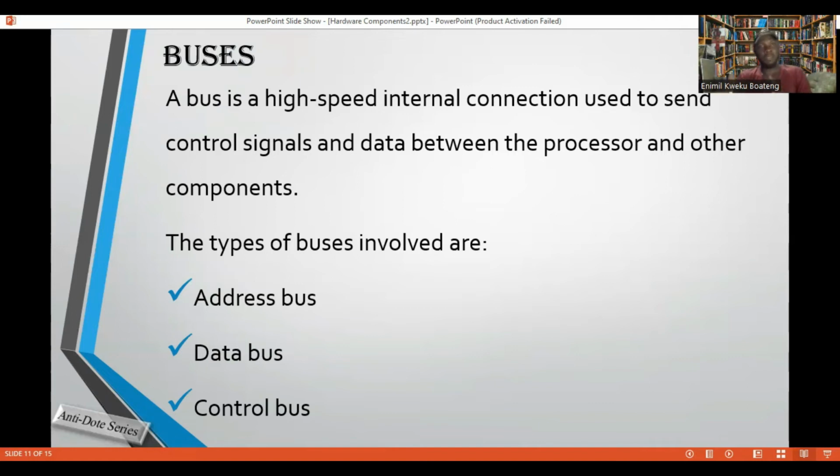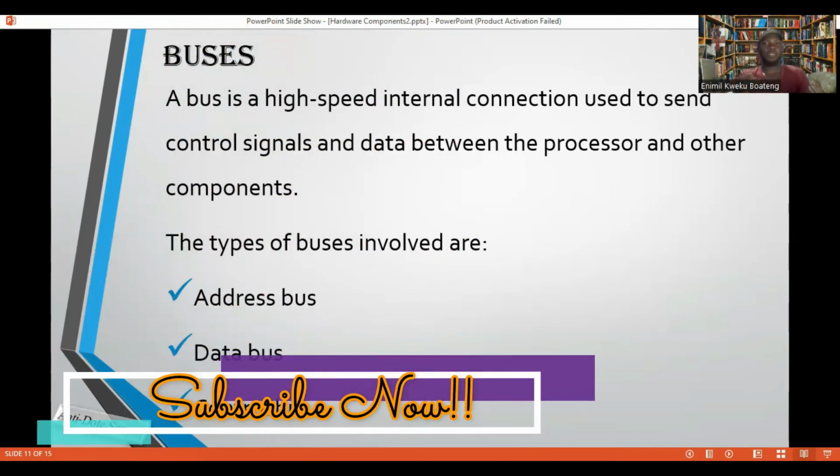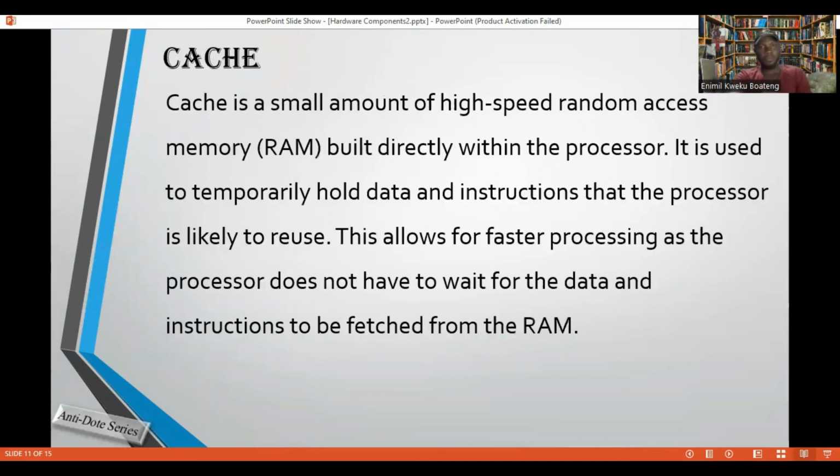System buses and buses are the same thing, and you can interchange them. You have types: the address bus, the data bus, and the control bus. Again, I talked about this in hardware components one, so I won't go into the details of it.